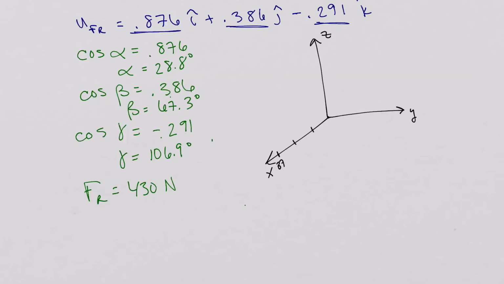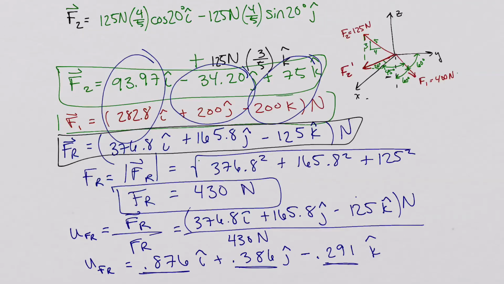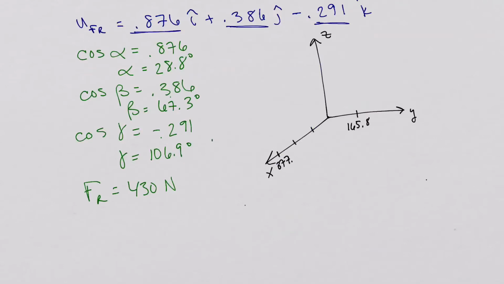So 377, and then for the y it's 165.8, something like this, and then for the K it's negative 125, so that would be down in this direction, so it'd be a little bit less than that. And then down to that. So that's that resultant force.